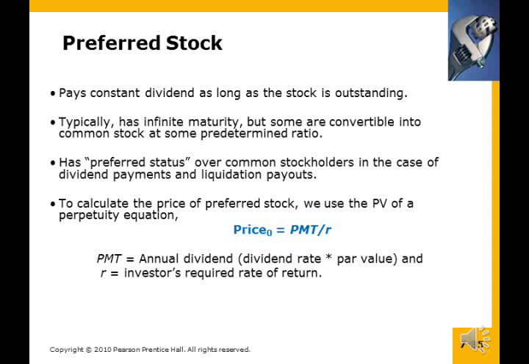يعني ممكن استبدالها بستوكس عادية بريشيوز معينة، ممكن يبقى كل one stock preferred stock ممكن يبقى equal مثلا 5 common stocks، يبقى في predetermined ratios we can convert the preferred stocks to common stocks. Okay. The preferred stock has preferred status over the common stockholders.